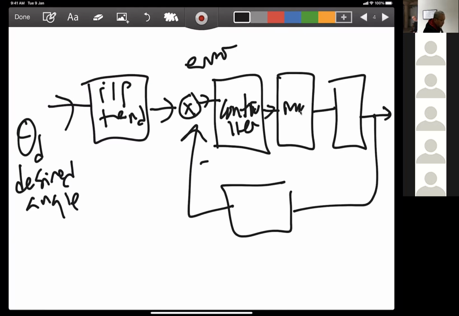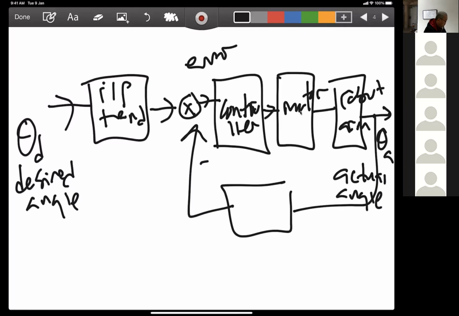This is your motor. This is your robot arm. And the actual angle. Okay. And this one is the output transducer.